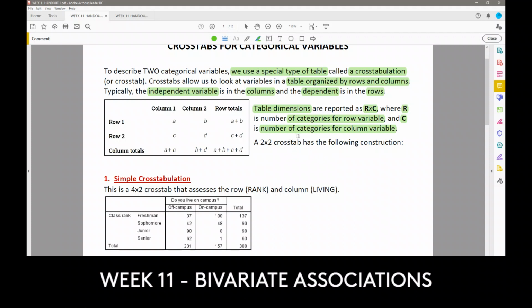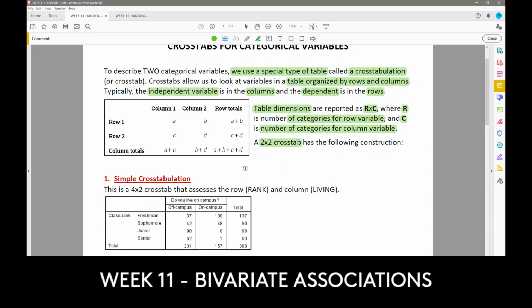Now a standard 2x2 crosstab looks like this here. A 2x2 crosstab means that you have two variables, and each of those variables has two categories. So one of your variables would be located here, category 1, category 2. Your second variable would be these columns here, category 1, category 2, okay?